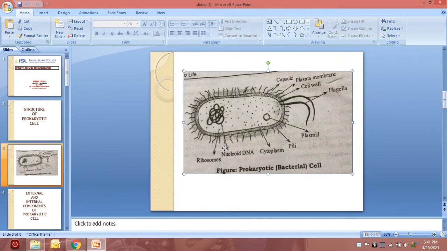Today we discussed the structure of the prokaryotic cell, and the bacterial cell diagram you need to practice. So thank you students.